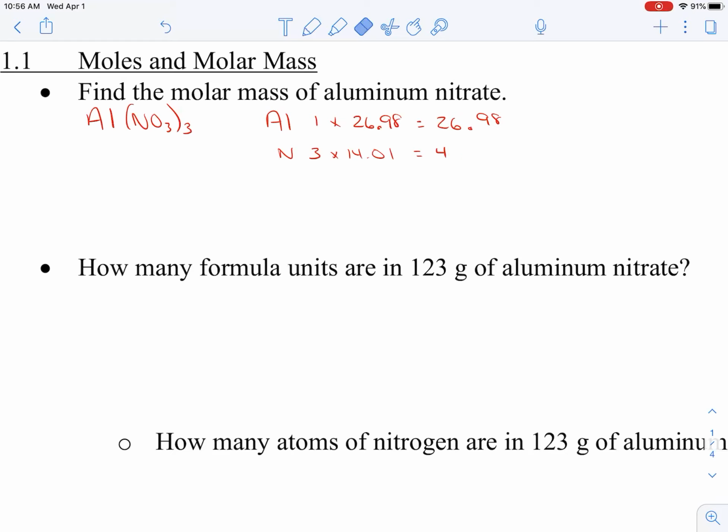That is not a 2. And then for O, we have 9 of those. 3 times 3 is 9, so we have 9 times 16.00, and that'll give us 144. And remember, we just add all these up, and that'll be our answer.